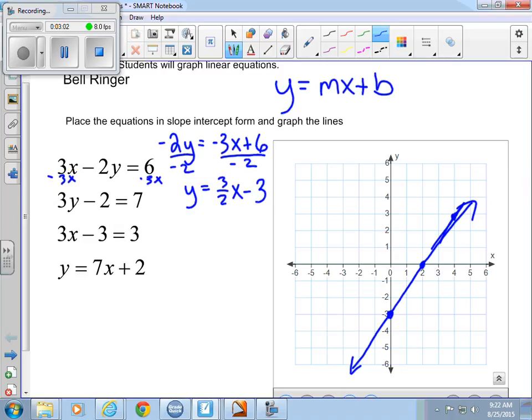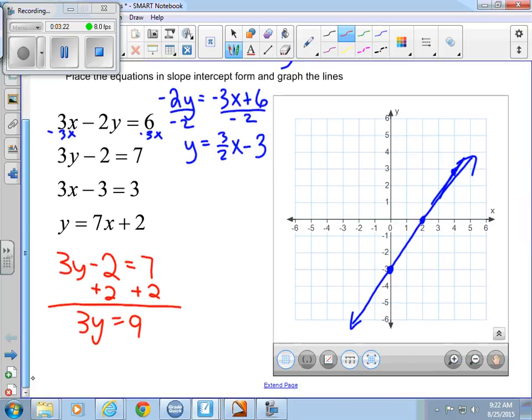The next one, slope-intercept form. I need to get the y by itself. This down here. So 3y minus 2 equals 7. So I'm going to add the 2. So 3y equals 9. Divided by 3.